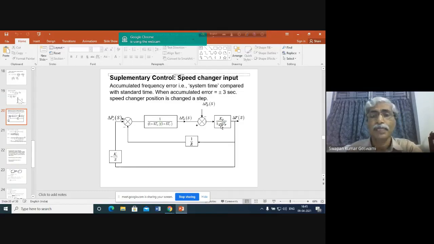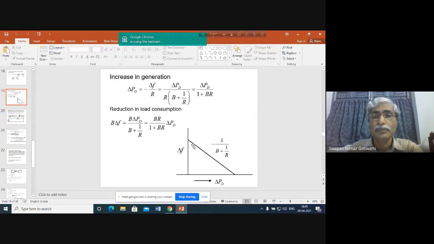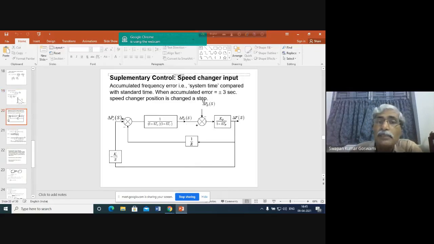But before that, let us see. Let us come back to this. Actually, the group characteristics of the system. So if the supplementary control is applied, that means the integral control is applied, then from control system theory, you know that if you find out del Fs and you find out the steady state error here after implementation of this integral control, you will see that at steady state delta F is equal to zero.